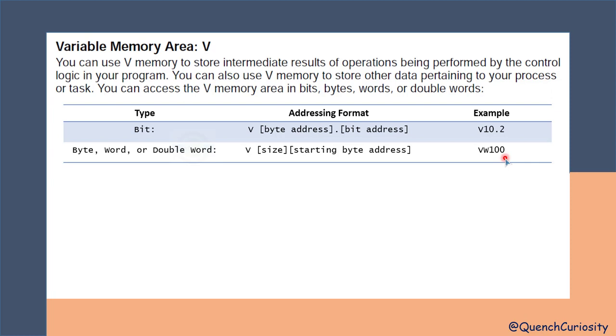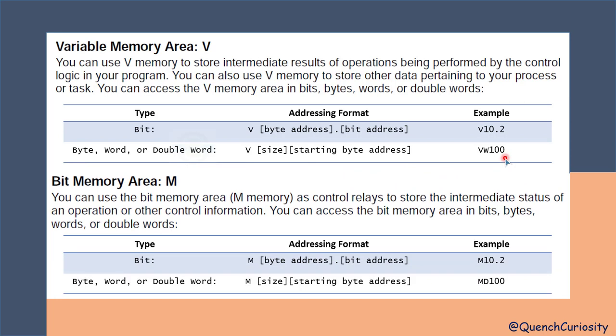Now, similar to variable memory area V, we have bit memory area. This bit memory area we will be using a lot compared to variable memory area. And generally, we'll be using the bit memory area in similar format.